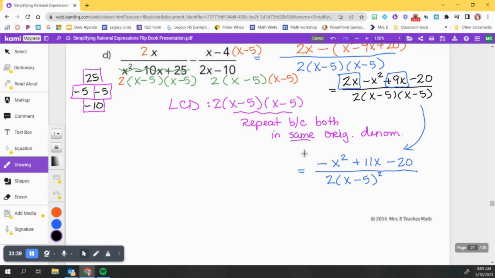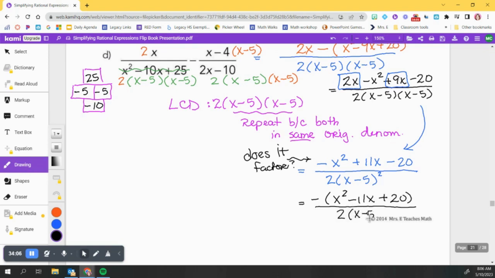So then we have to check, does it factor? Because our first term is a negative, I'd really like to factor that negative out and make it x squared minus 11x plus 20 over 2 times x minus 5 squared.